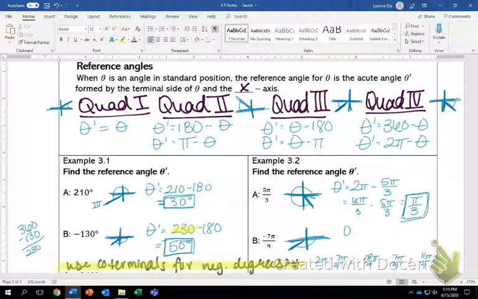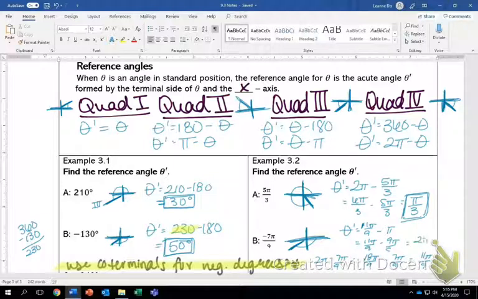So I need 2 pi over 9. That should be the answer. So let's just use the formula and double check our work. We're in quadrant 3, so I'm going to use theta minus pi, using the 11 pi over 9 because that's my coterminal. That can be rewritten as 11 pi over 9 minus 9 pi over 9.